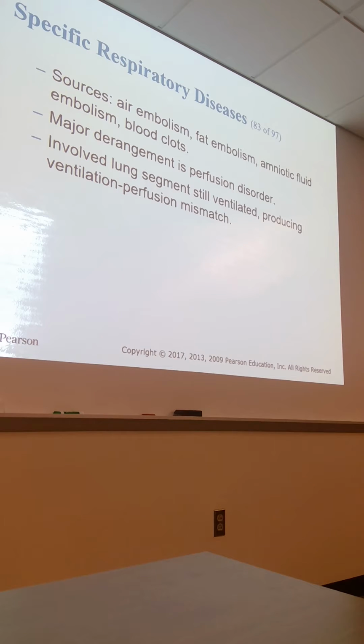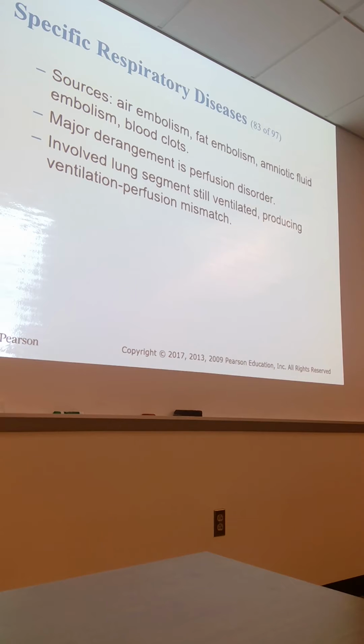So the problem is a perfusion disorder, so you can't get blood to the lung so that it can oxygenate. So it causes what's called a VQ mismatch, ventilation perfusion. Q stands for perfusion. So when we're checking for this, there are two ways that we diagnose it in the ER.